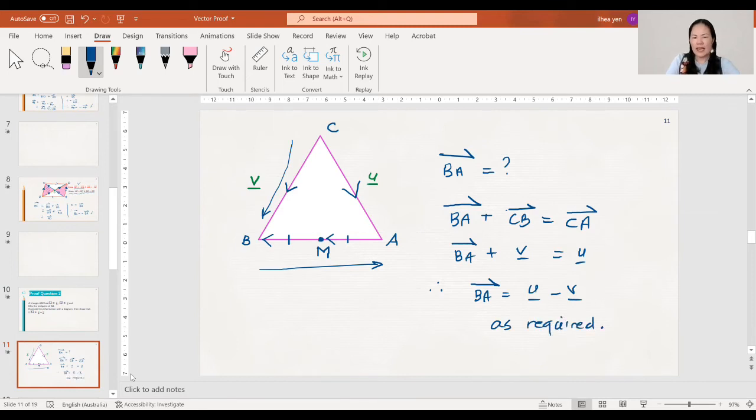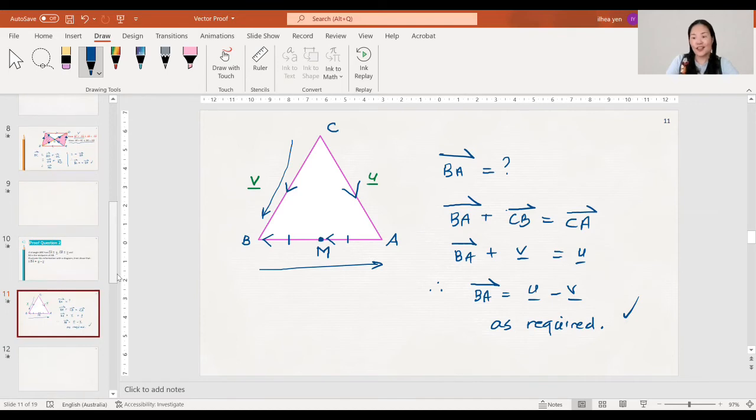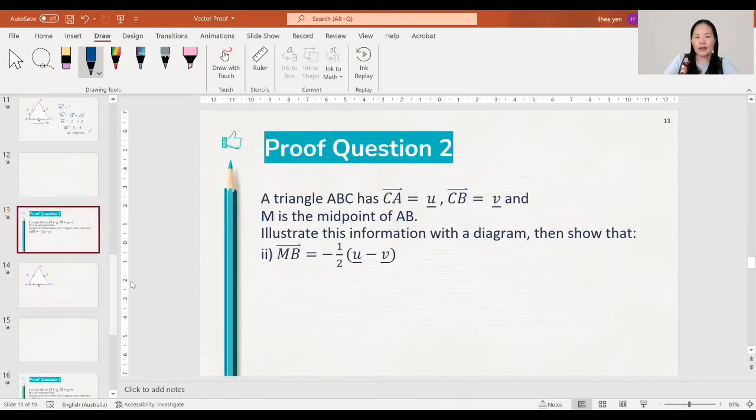Okay, just be careful of the current where it actually flows, and the total vector is not obviously going with the current. Okay, so it's the same question, but it's part 2.